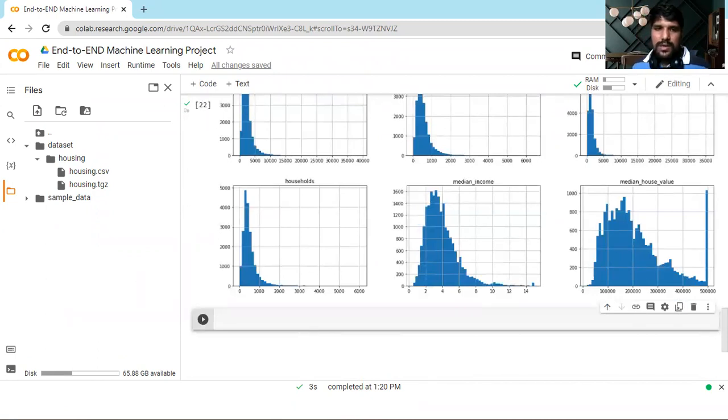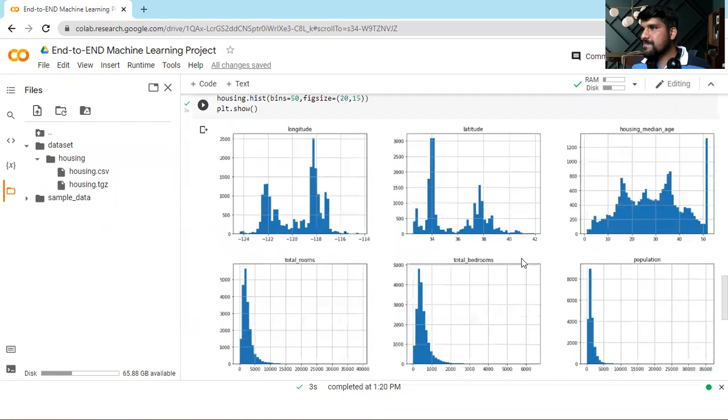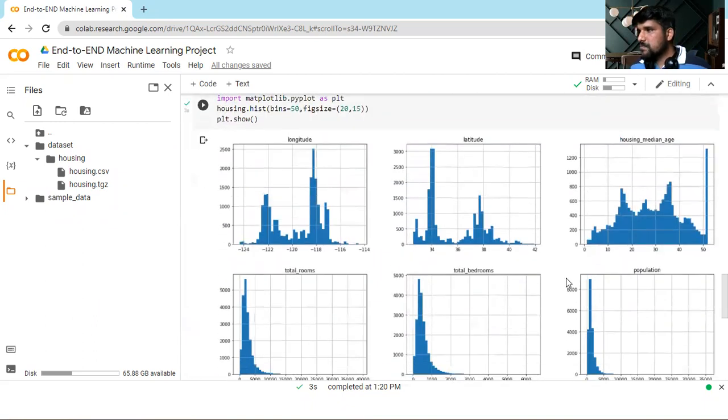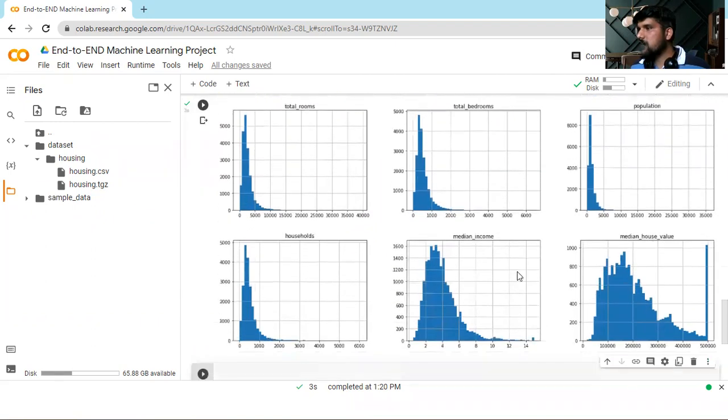So this is the intuition we get from this. Second, there is one more point. If you look at the income, it is marked as 2, 4, 6, 8, 10.